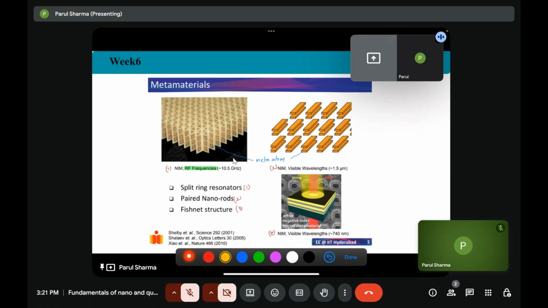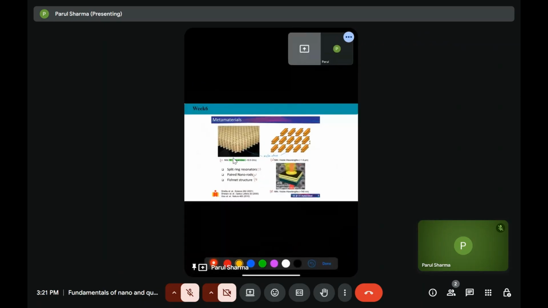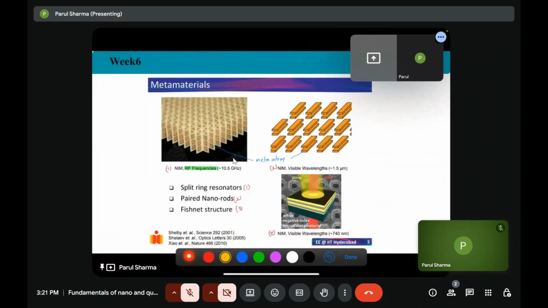So there are several examples of metamaterials. First of all, when this field started, it started with RF frequencies, where we can have large structures and a frequency around 10.5 gigahertz.